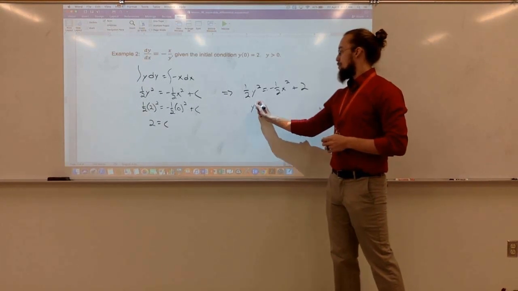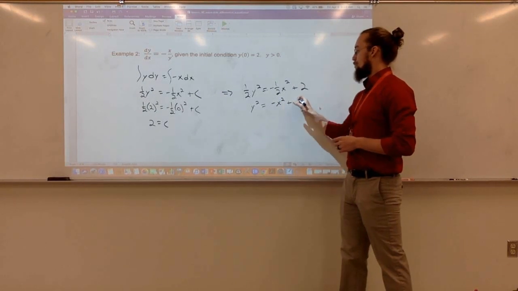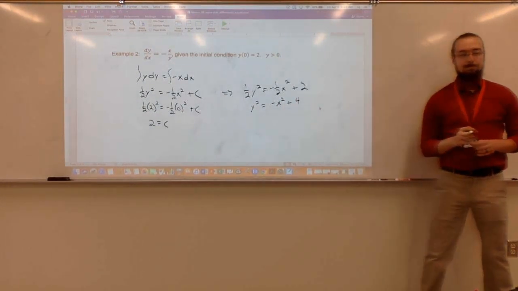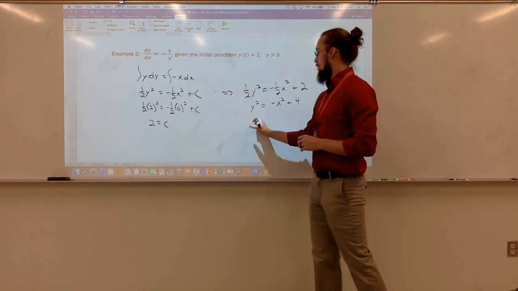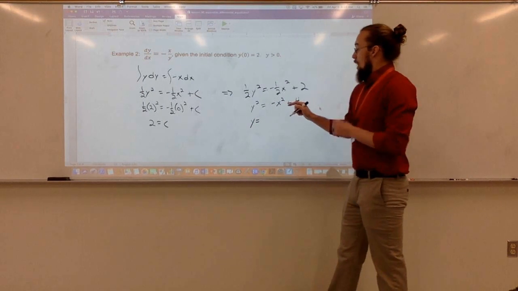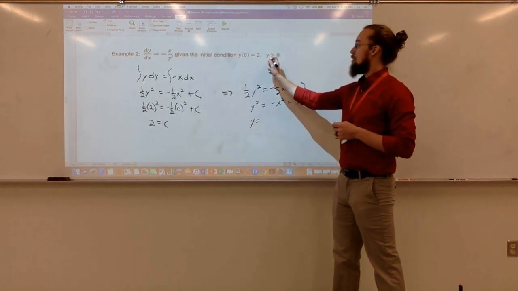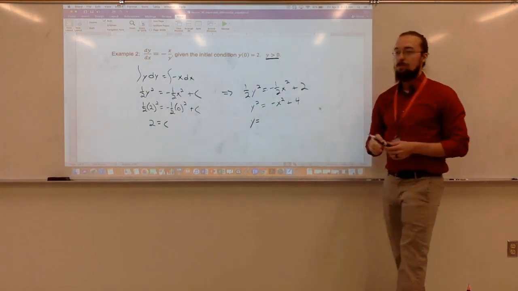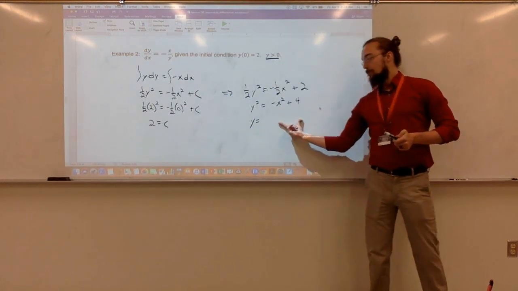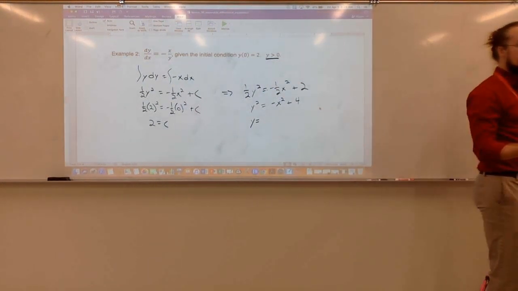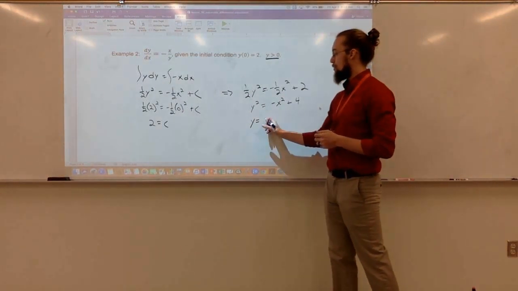multiply both sides by 2. So y squared equals negative x squared plus 4. Take the square root. y equals. And they do give us this piece of information as well, that y is only positive. So what that means here is when I take the square root, I only need to include the positive root, not the negative root, so I don't need the plus or minus.